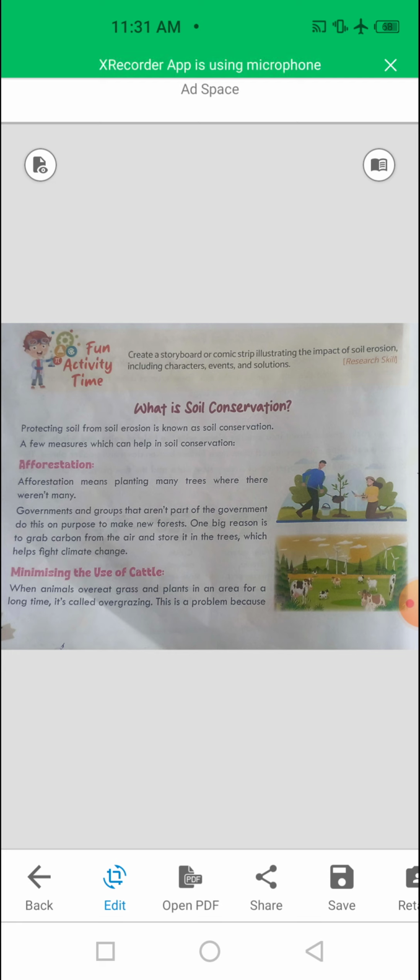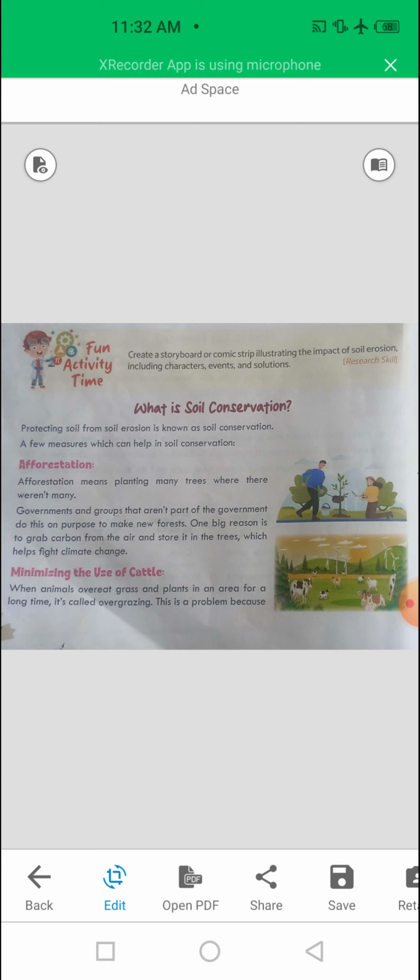So afforestation is the best option to grab the carbon from the air with the help of the trees.